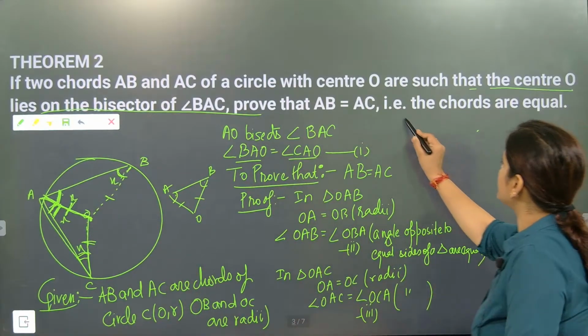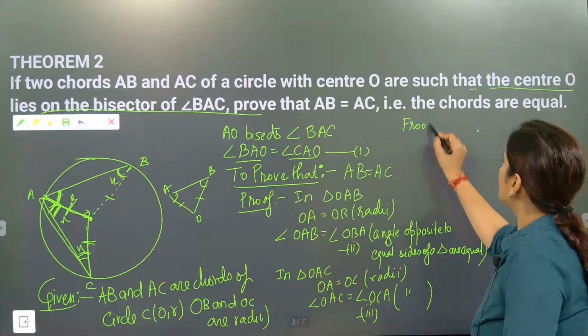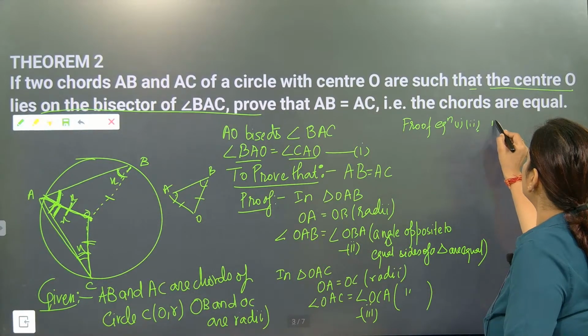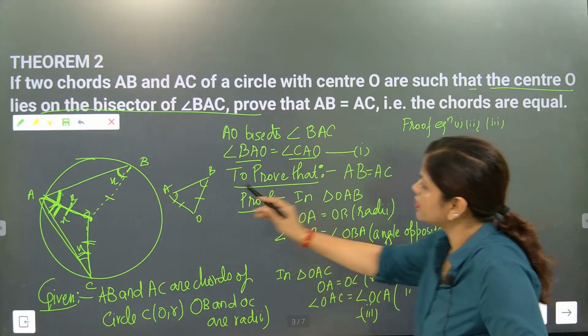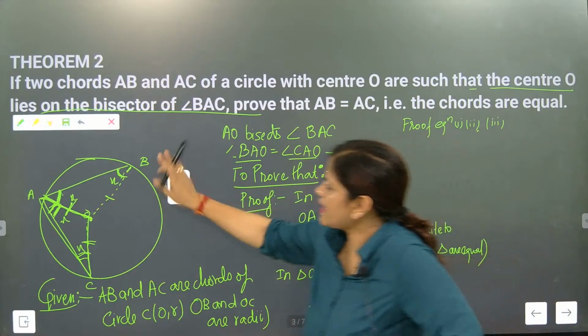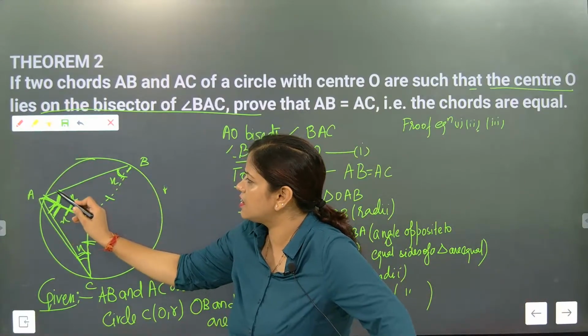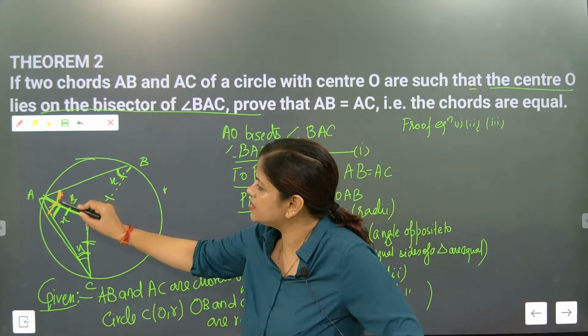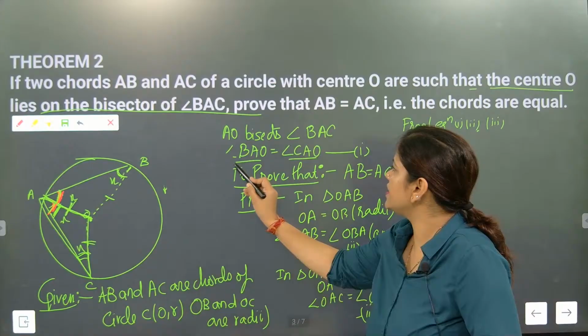So from equations 1, 2 and 3, I am writing with another color. One told us this angle is equal to this angle, which is already written in the given section.